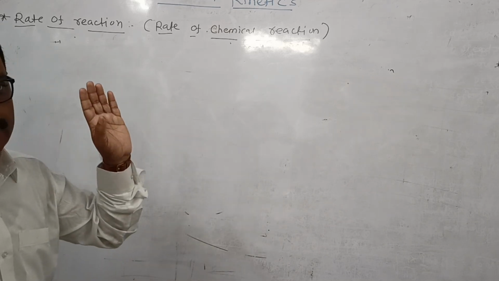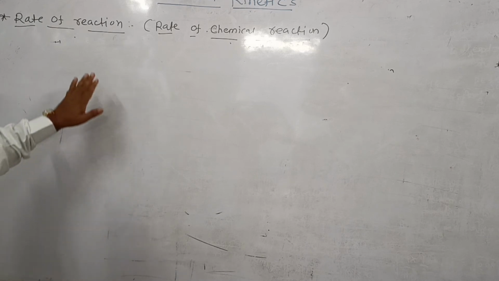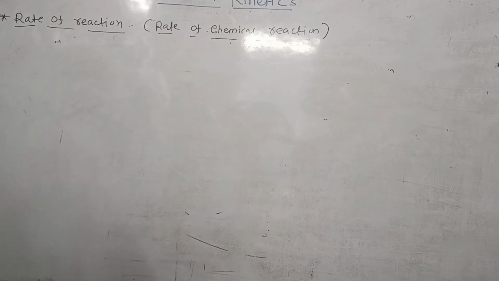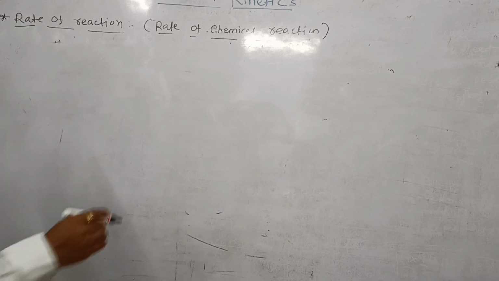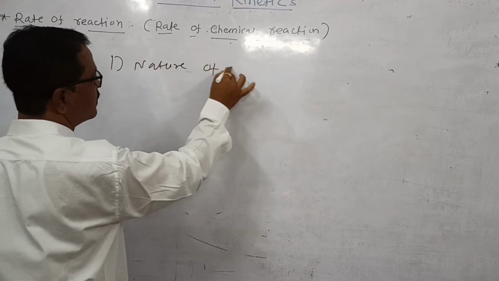The rate of chemical reaction depends upon the following factors. Number one is the nature of reactant.